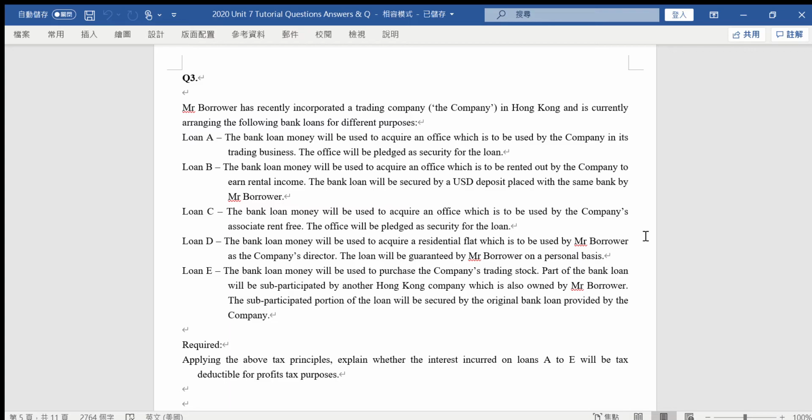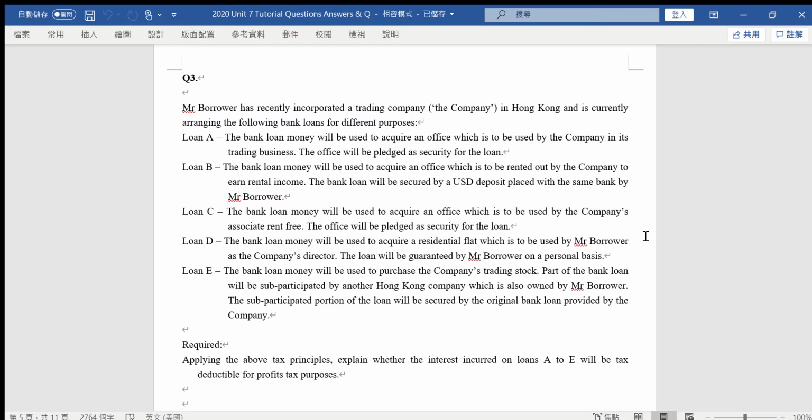Now look at this one. The residential flat is not for the company's use, but for the company director's use. Now, this is treated as what? Treated as a fringe benefit provided by the company to motivate the director to work harder for the company.